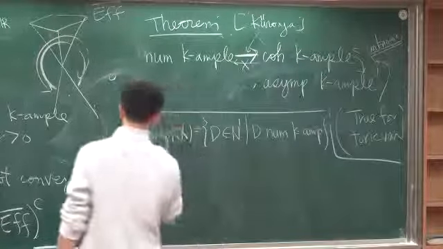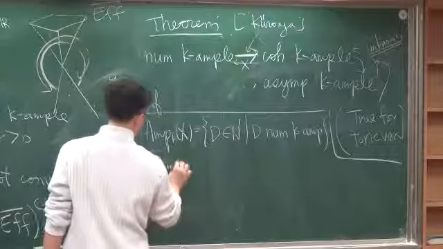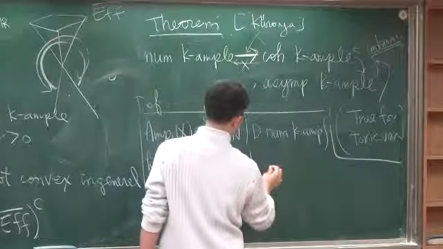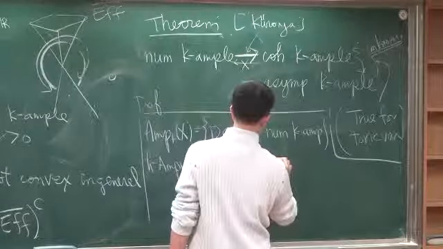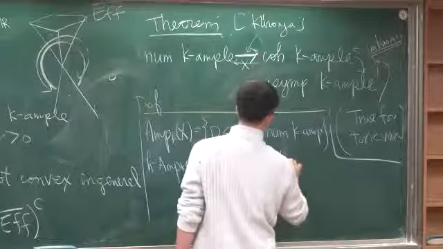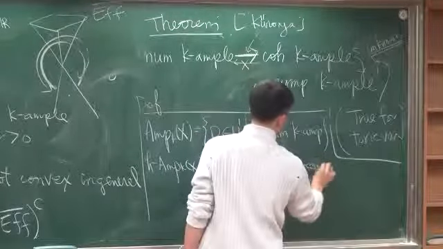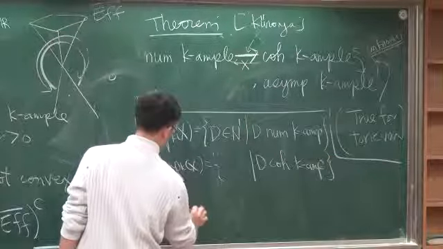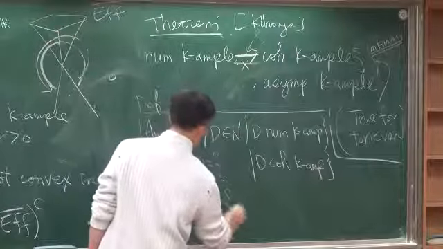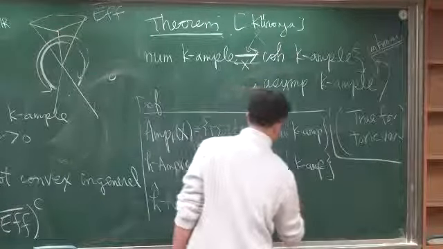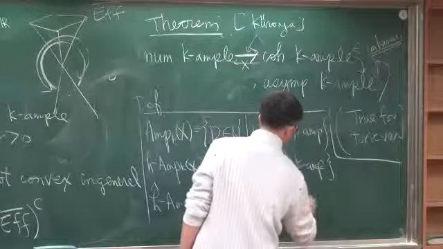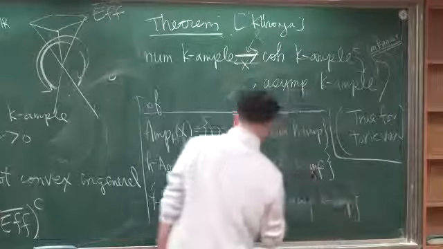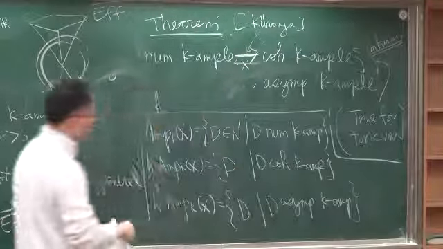And H Amp_K is the set of D cohomologically K ample, and H hat Amp_K is the asymptotically K ample ones.